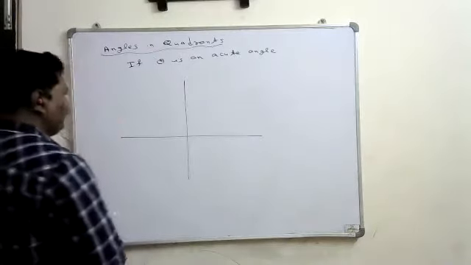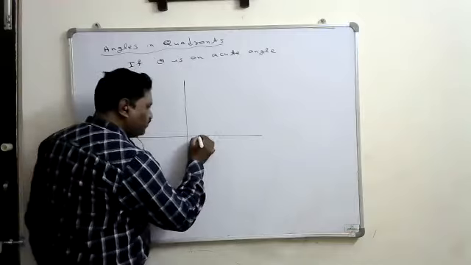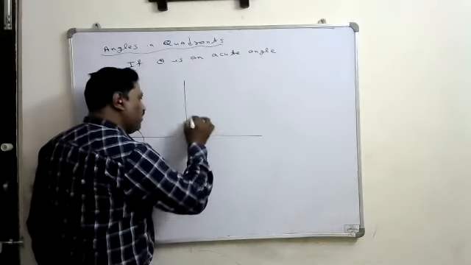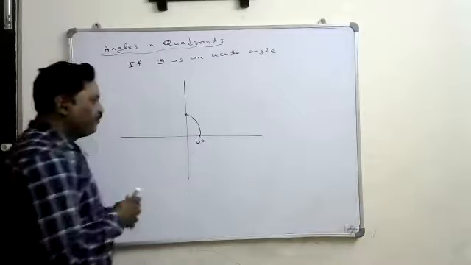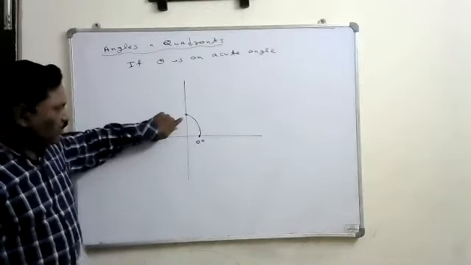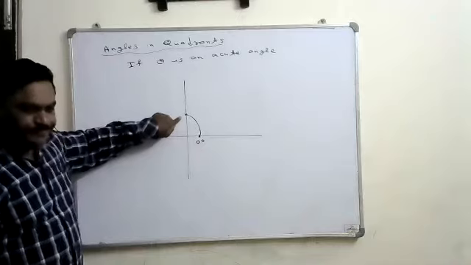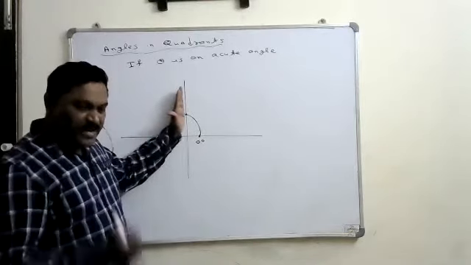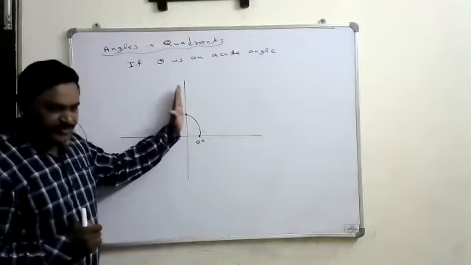Now, while measuring the angle, you start to measure from the positive x-axis. If I measure up to the y-axis, this total angle is 90 degrees.